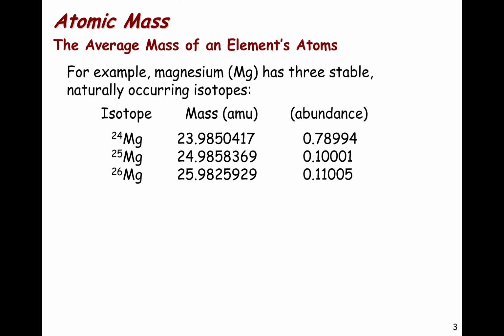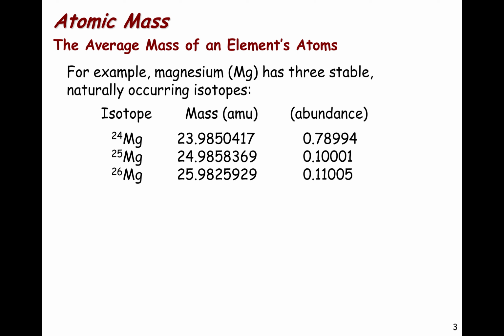In this example of calculating the atomic mass for an element, we're going to be examining magnesium, which has 3 naturally occurring isotopes. There is one isotope which is a relatively low abundance, which is magnesium 26.